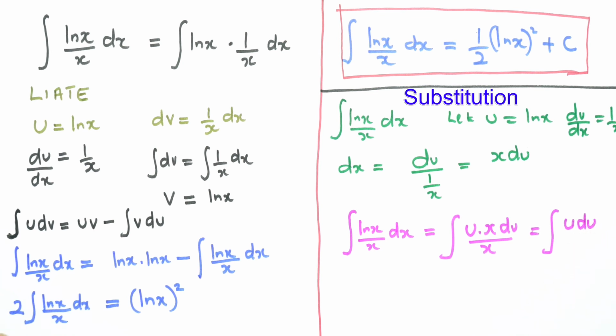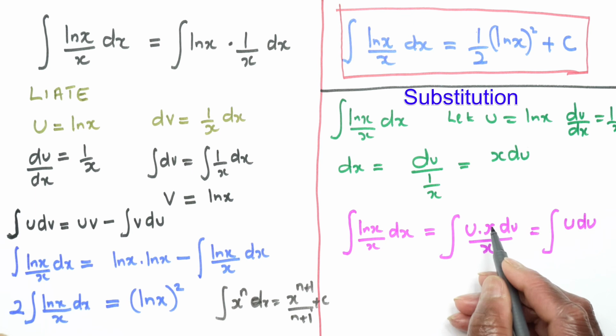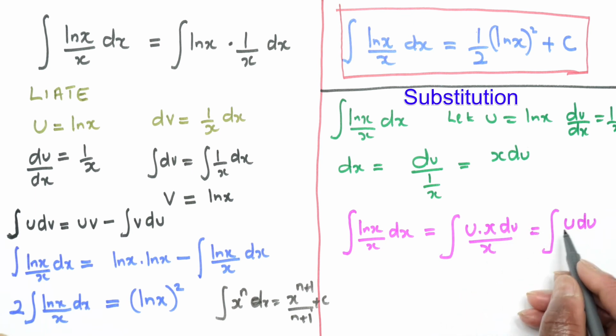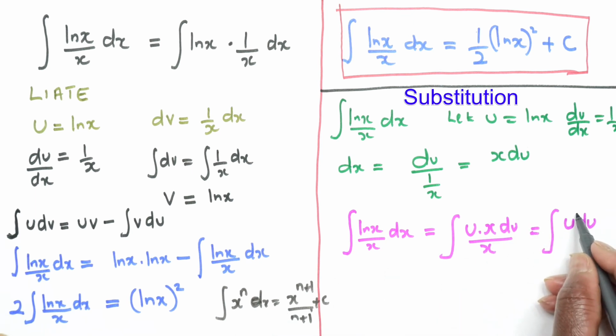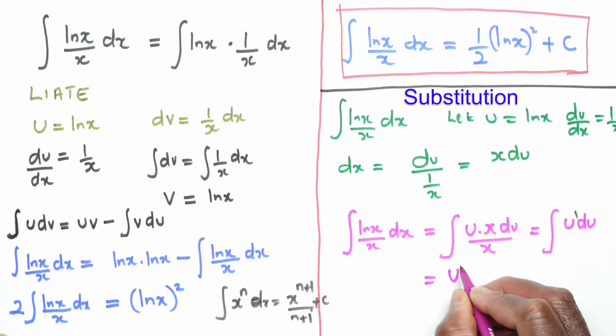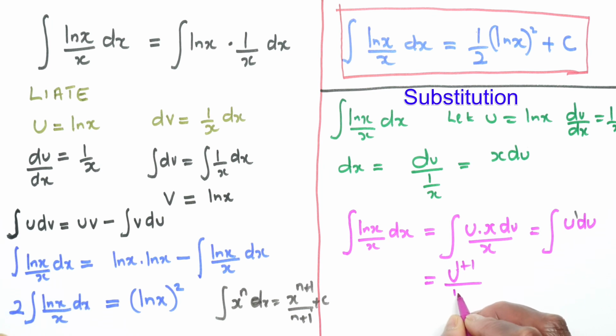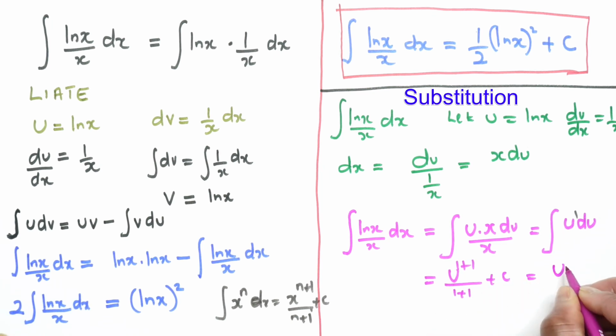Using the integration formula, when you integrate x to the power of n, the integral is x to the power of n plus 1 over n plus 1, plus c. This time the variable is u and n is 1. So if we integrate that, we get u to the power of 1 plus 1 over 1 plus 1, plus c, which is equal to u squared over 2 plus c.